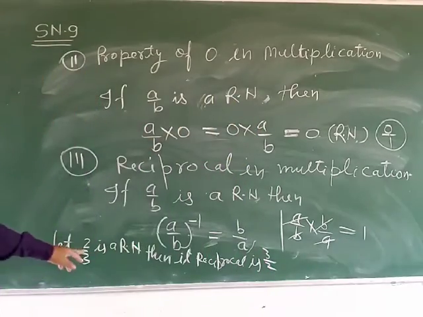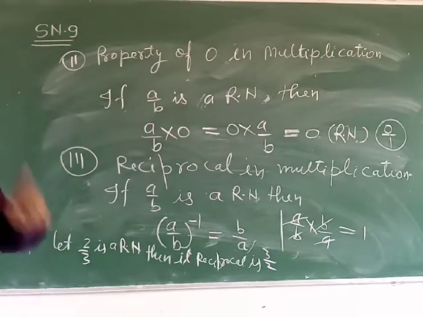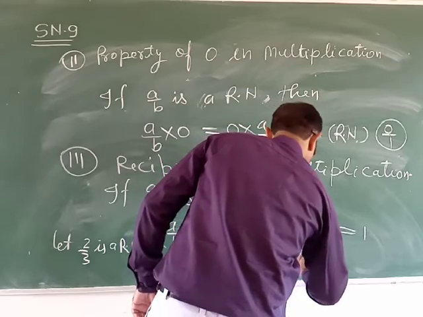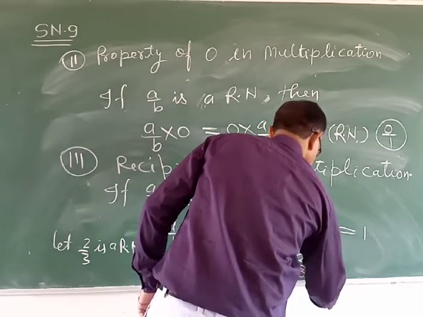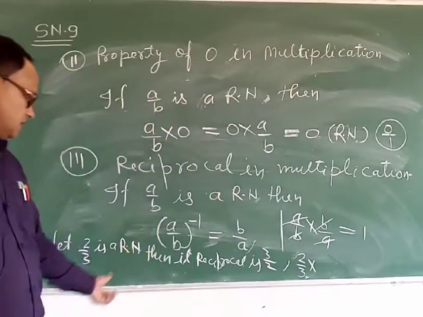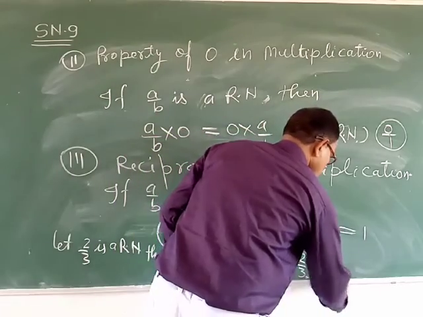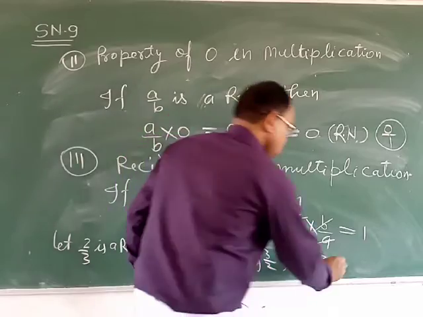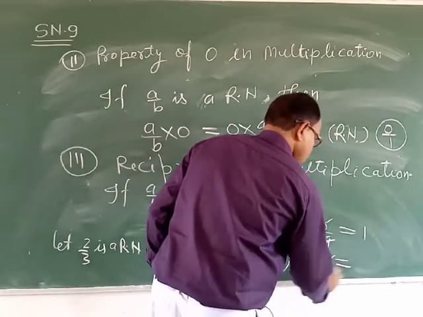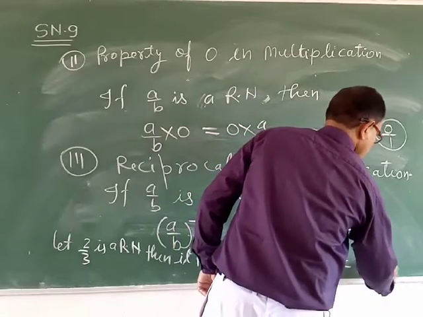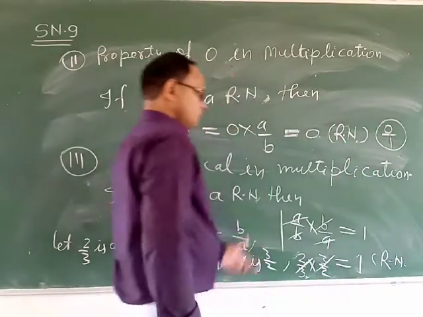Okay? Then multiplying both, we get 1. Here 2/3 is a rational number and its reciprocal is 3/2. When multiplied by its reciprocal, we get the value 1. 1 is also a rational number. Okay, student?